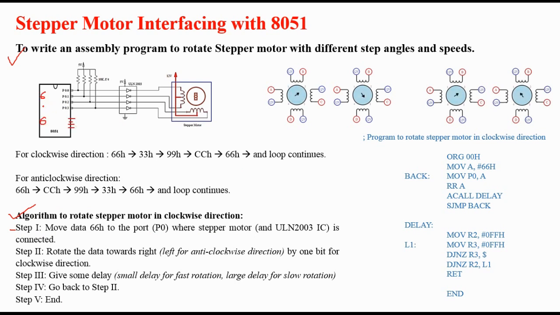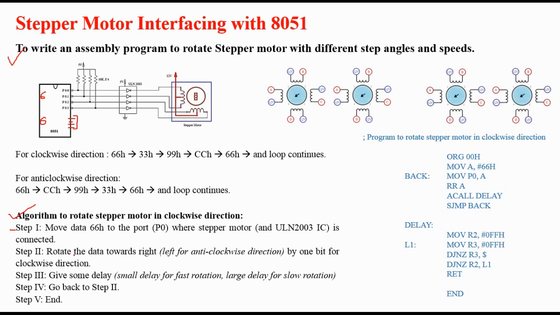So in this way we have moved 66 data on port P0. So the lower nibble of that value, 6, will appear at port 0.0, 1, 2, 3, and the higher nibble will appear at port 0.4, 5, 6 and 7. We have not connected that higher nibble anywhere, so we don't have to worry about it.